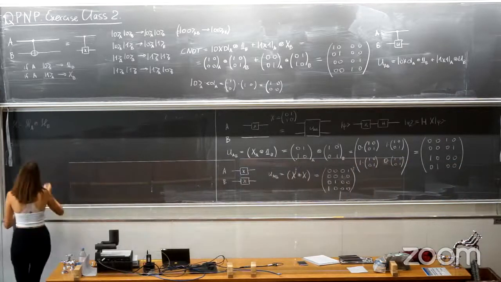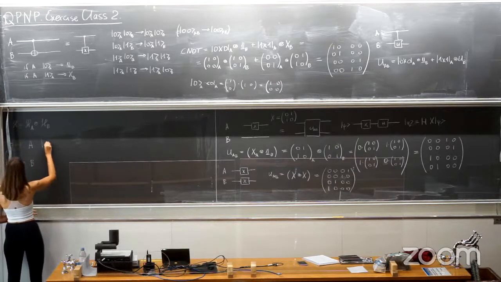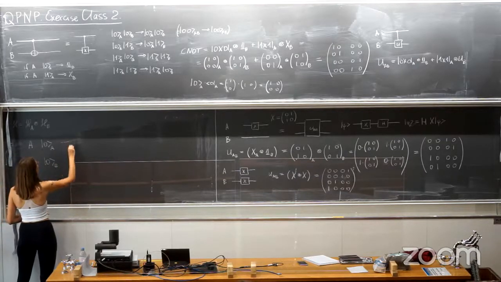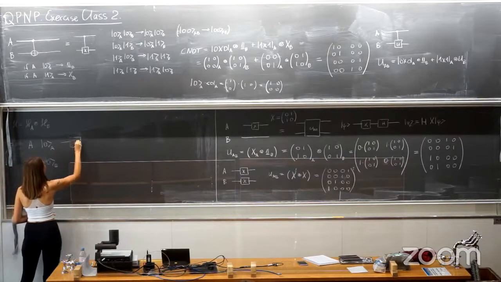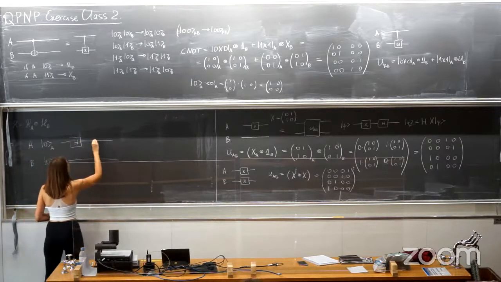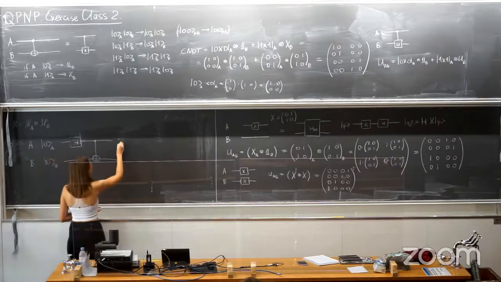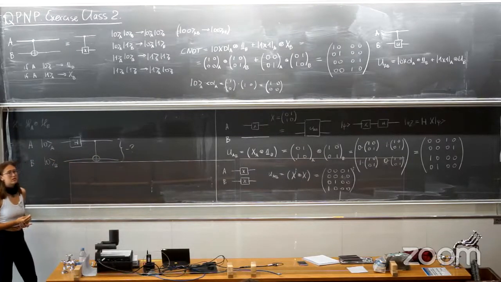So a circuit, system A, system B, state 0, state 0. Here we apply a Hadamard gate. And then we apply a CNOT gate. So now I ask you to calculate the final state.